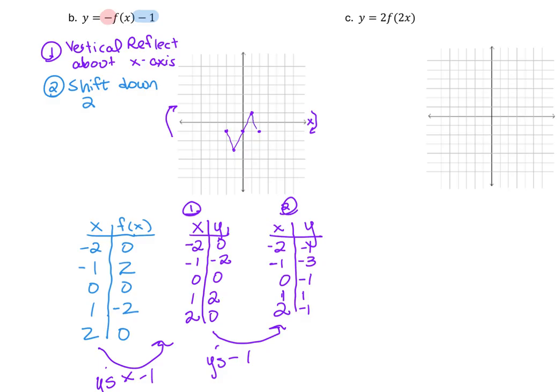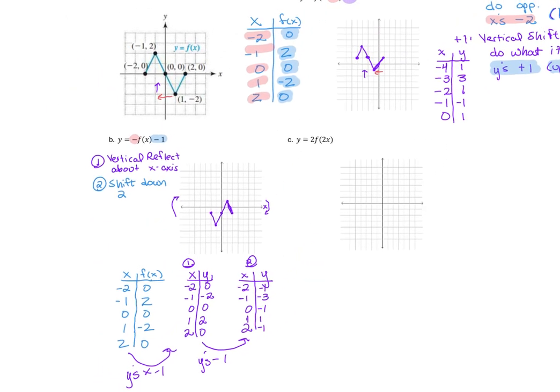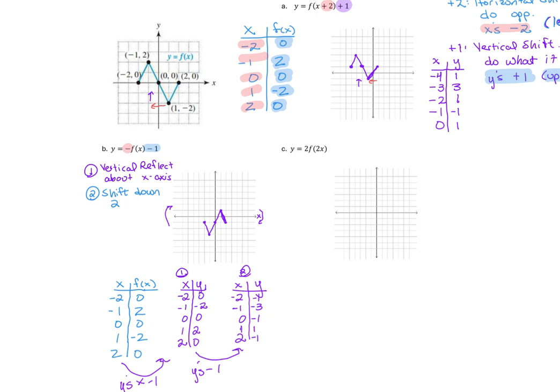We connect our dots, and we get this. When we compare it to the original function, again, we are doing a reflect, and then we are going down 1.